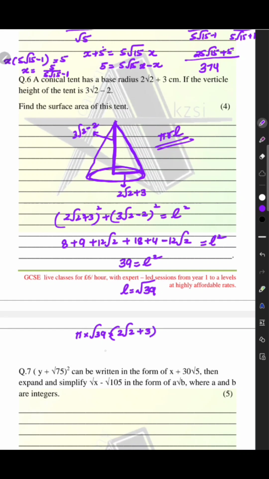Or we can say this will give me pi times root 78 plus root 39 times 3 will give me 3 root 13 pi, and that will be your answer, centimeter squared.